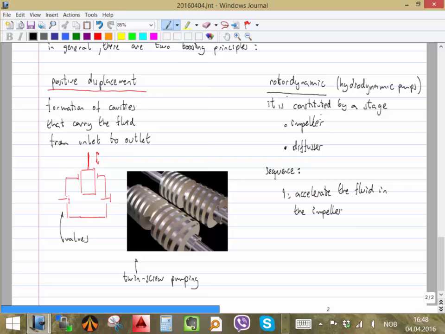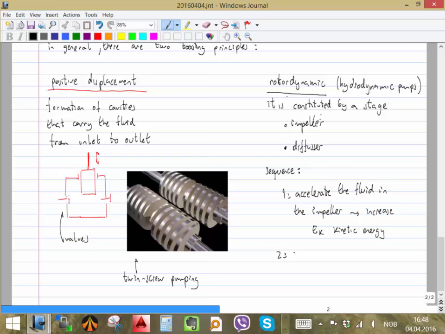Okay, we increase the velocity of the fluid, so that means that we increase the kinetic energy of the fluid, EK. And then we have another phase that is expansion. Because we don't want to keep all of that energy in kinetic energy. Why? Because then we have erosion, we have many other problems with high speeds.